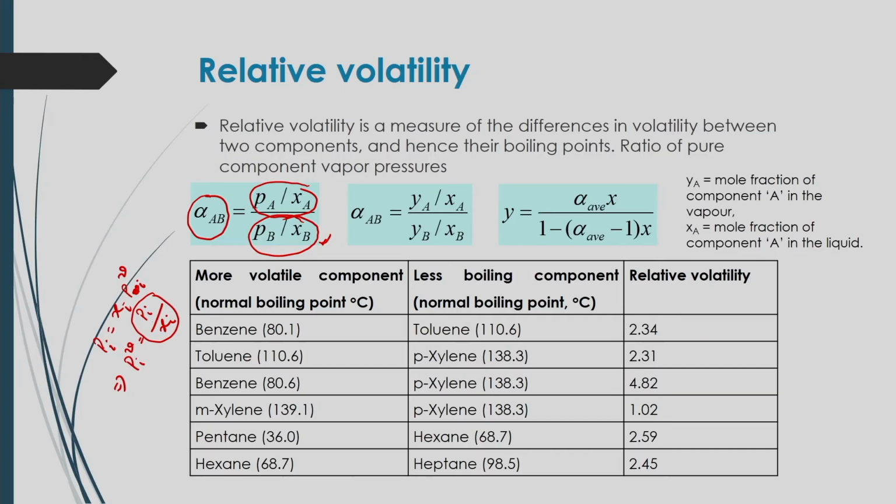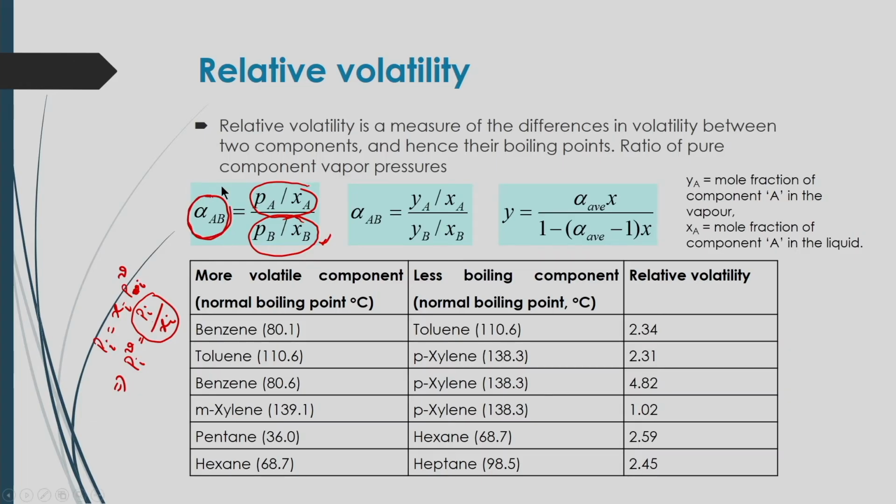So this relative volatility is defined as the ratio of the vapor pressure of component A to the vapor pressure of component B, denoted by alpha AB.